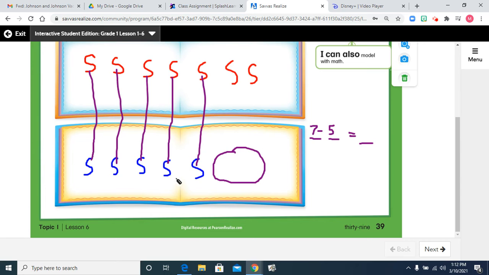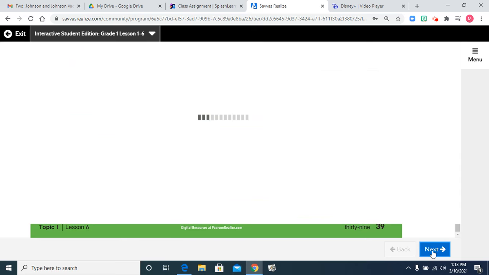Those are the 5 that Sheldon had, and we know that 7 minus 5 equals 2. So you could either say it as Amy has 2 more stickers than Sheldon, or, like the question asked, Sheldon has 2 fewer stickers than Amy, which is the difference right here, 2. Okay? All right, turn to the next page.